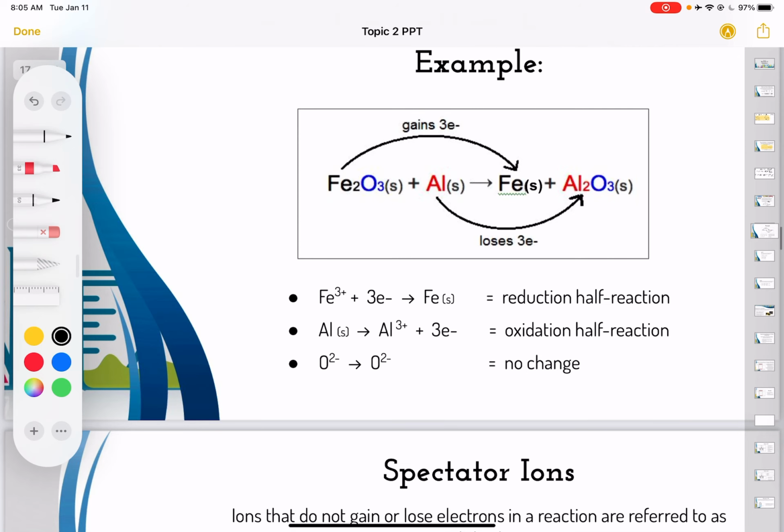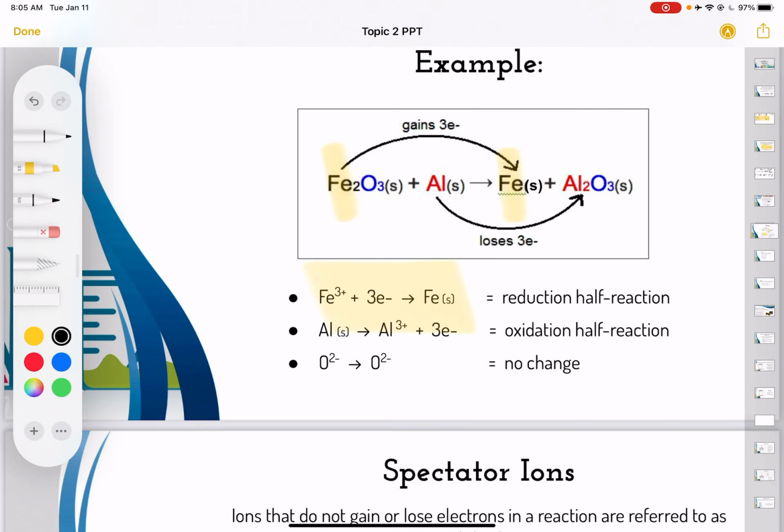So from this example that we just did, if we look at iron from one side to the other, it was gaining electrons. So we're gaining them from one side to the other, so we put them on the reactant side of the reaction, if that makes sense.